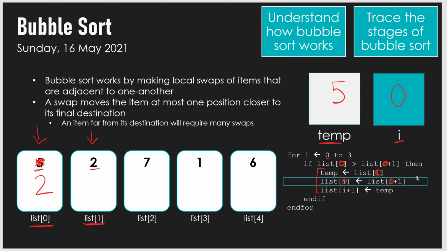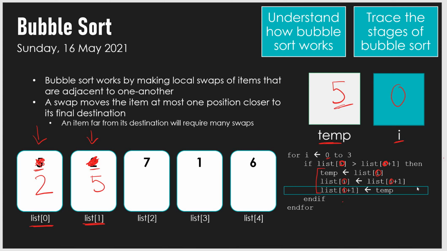And then we're going to take whatever value is in temp and assign it to list[0 + 1]. So we're taking the number 5 and storing it in this index, overwriting whatever value was in there originally.